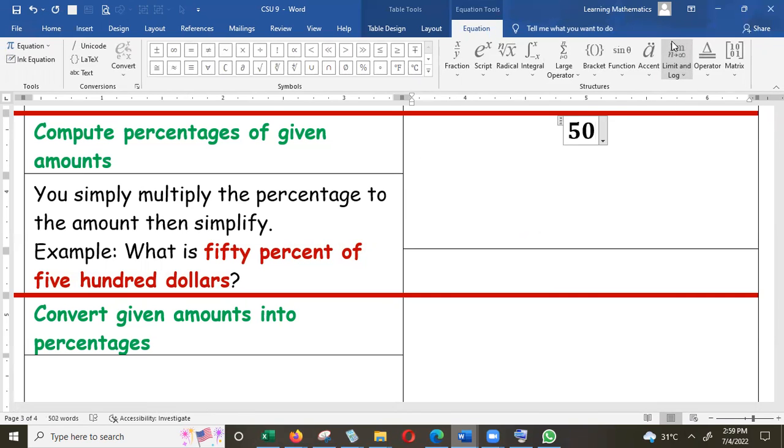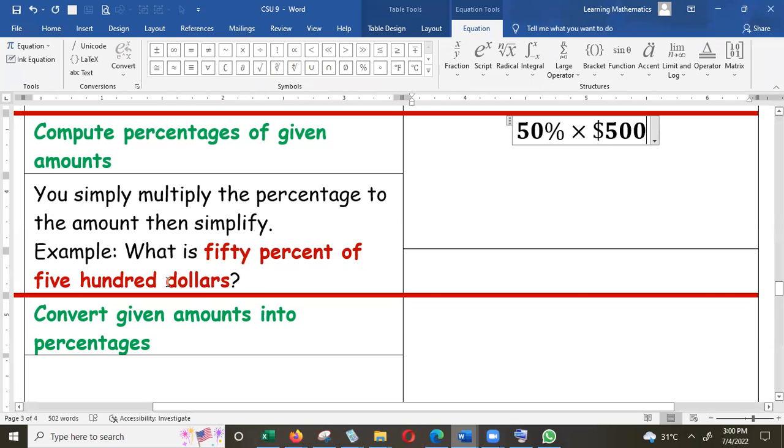Okay, so here it is in words: 50% of $500. Of in fraction language is multiply.